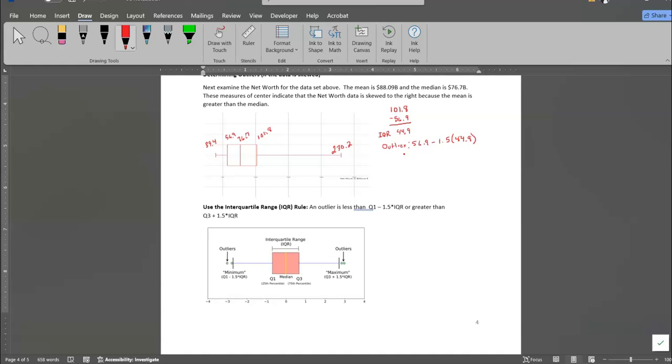And we end up with an answer or value of negative 10.45. So we know that there's no net worth less than 0. So we know that there's not going to be any lower end outliers.